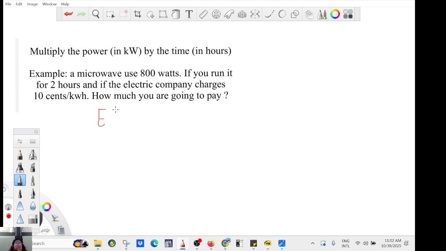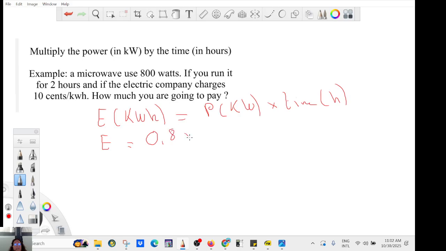Okay, so the energy in kilowatt hour is the power in kilowatt times the time in hour. So the power will be 0.8 times the time, which is 2, which is 1.6 kilowatt hour.